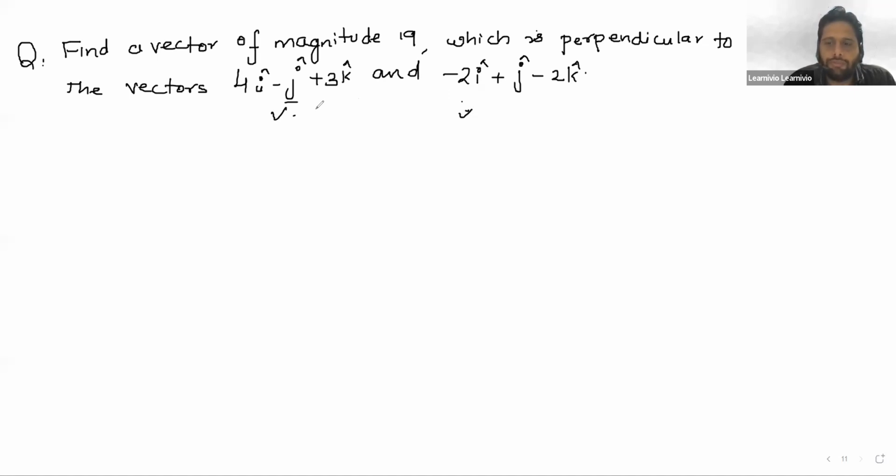Was the last question clear, Abdur? Same as the last one. Yes, Fahd. If I ask you to find a unit vector which is perpendicular to both these vectors, you will do it in the same way as the previous question. Now, Fahd, what is the magnitude of a unit vector?